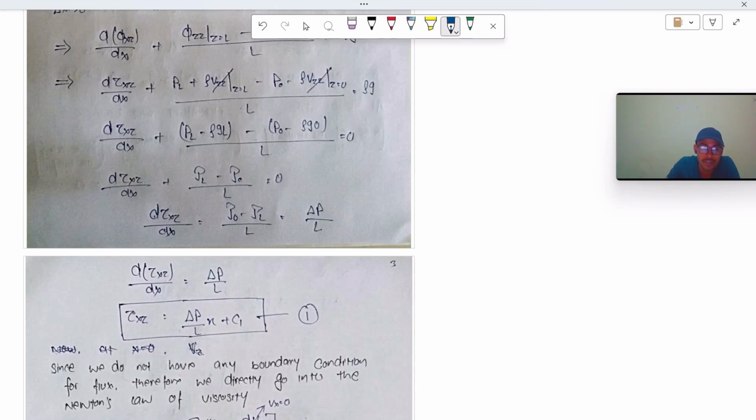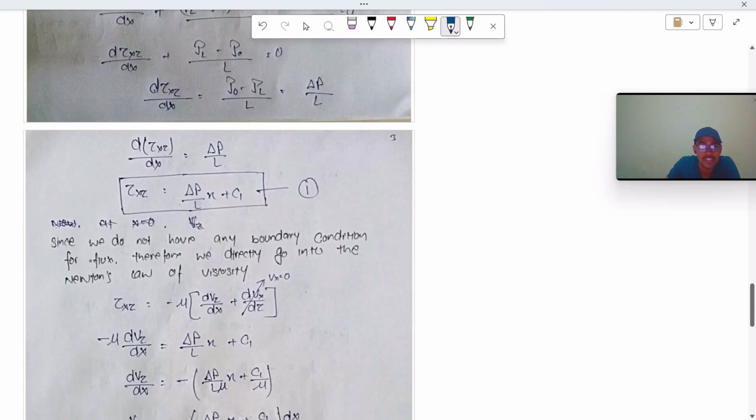On integrating, we get the reduced form of tau xz equal to delta P by L times x plus C1. Since we do not have any boundary condition for flux, we directly go to Newton's law of viscosity. By putting the value of tau xz, that is minus mu times dou vz by dou x plus dou vx by dou z, since we know that vx is equal to 0, this term will be 0 and this term will be non-zero.